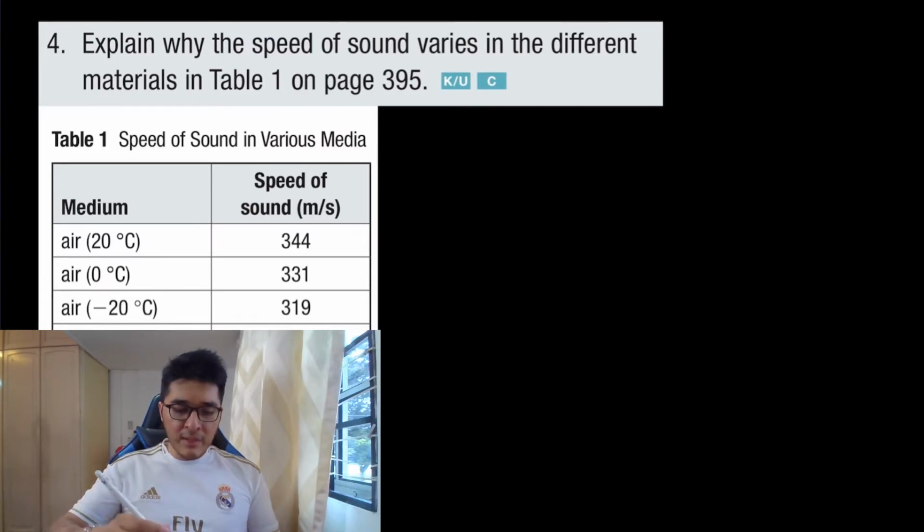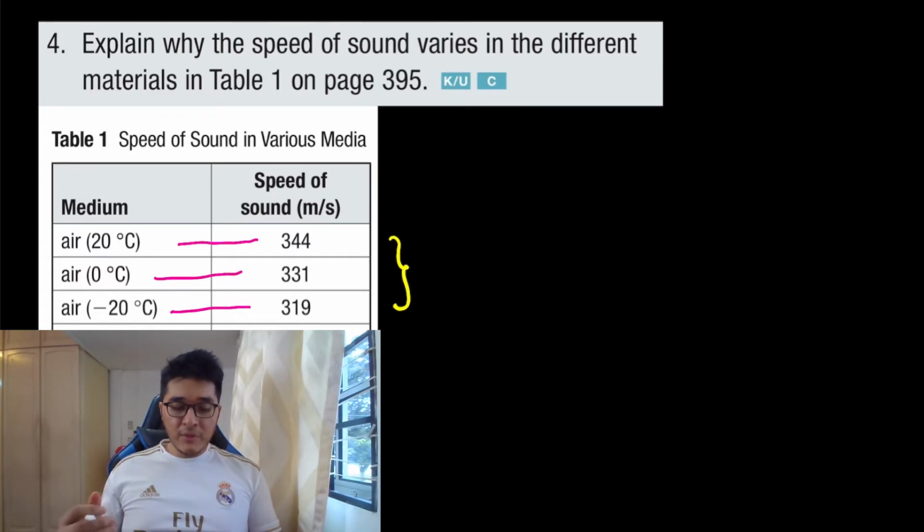But even within the same material, if we just consider air, notice that for 20 degrees it is 344, 0 degrees 331, and negative 20, 319. So as we suspect, the speed of sound gets higher as the temperature gets higher as well.